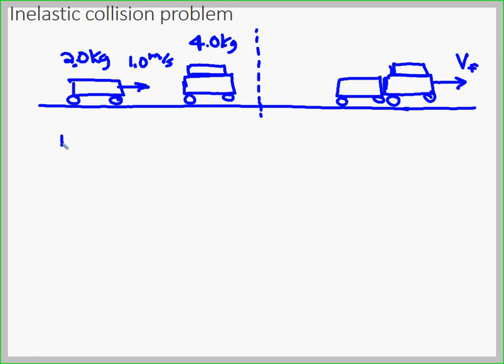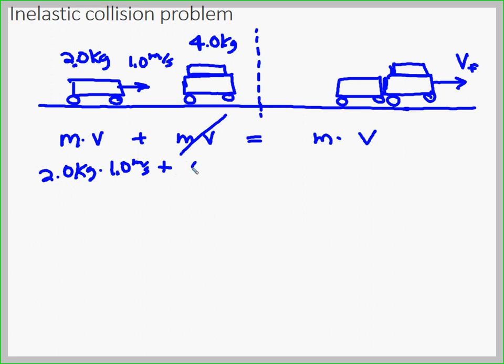So remember, the mass times velocity of this one plus the mass times velocity of this one equals the mass times velocity when they're stuck together. So 2 kilograms times 1 meter per second plus, this is going to be 0 because it's at rest, equals, now the masses get added up, so it's 6 kilograms times some unknown final velocity.